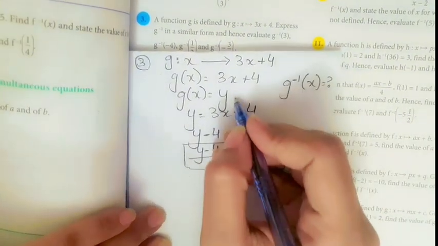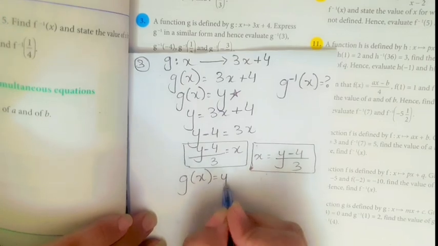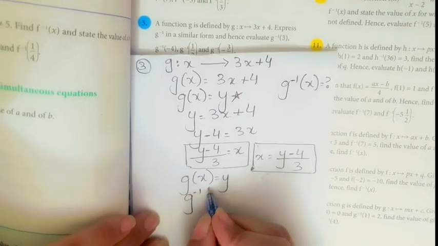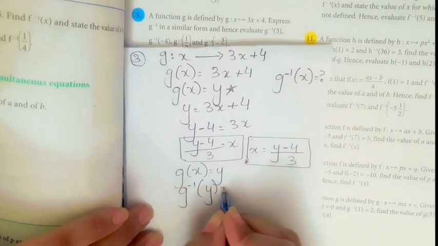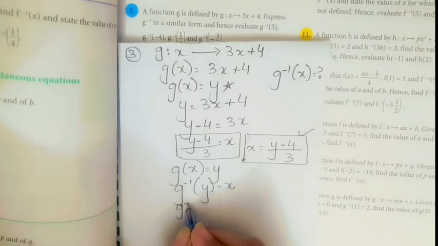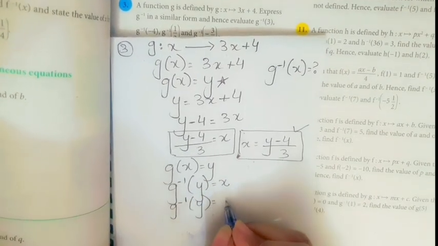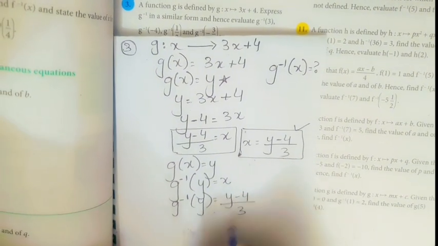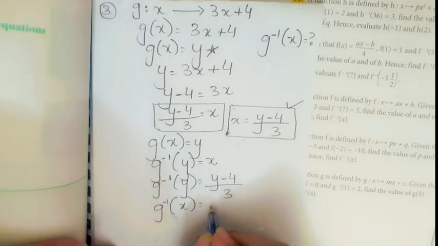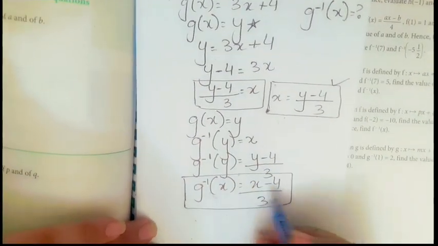So you know that g(x) = y, and if we shift y to this side and x to this side, the function would be inverse. So g inverse of y = x, and we know the value of x, so g inverse of y = (y - 4)/3. Now change the variable: g inverse of x = (x - 4)/3. So this is the answer for g inverse of x.